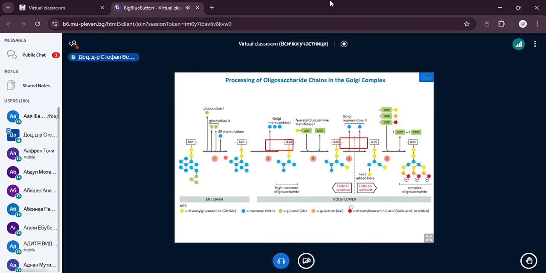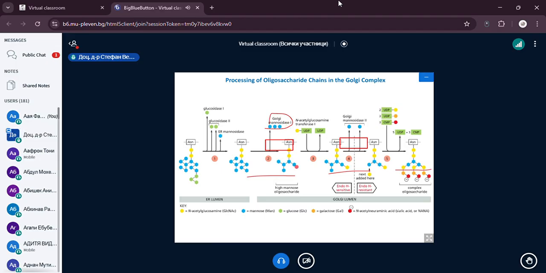And all this happens in different regions of the Golgi complex dictyosome, in cis-cisternae, medial cisternae, or trans-cisternae of the dictyosome. And these are different glycosidases. Golgi mannosidase 1 is a marker enzyme for the cis-cisterna.